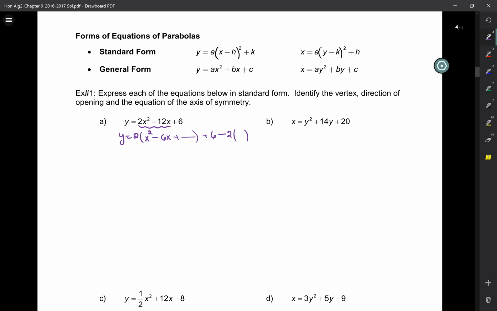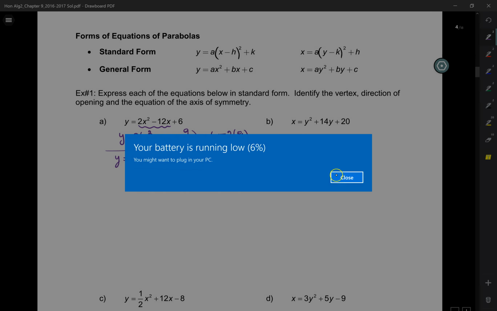What number do I put in the blanks? 9. Remember? 9. So this is going to be y equals 2 times (x minus 3) squared plus, how much is that? Minus 12. So there we have it. That's the equation in standard form.